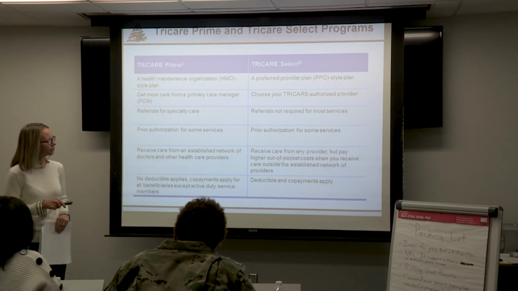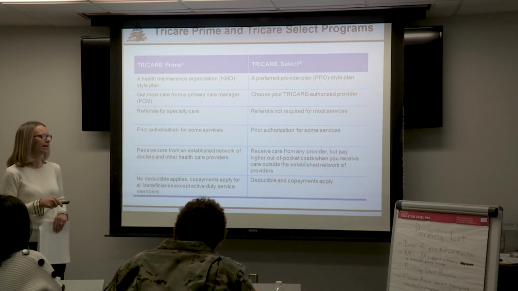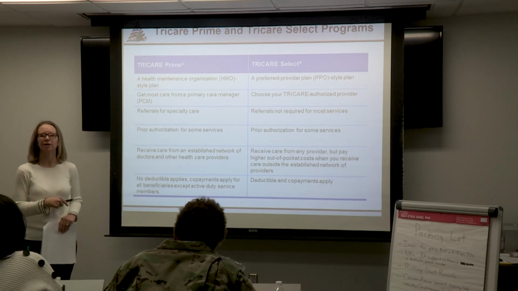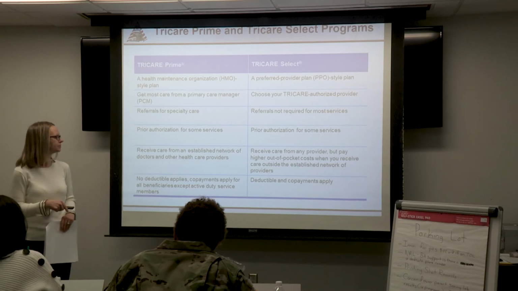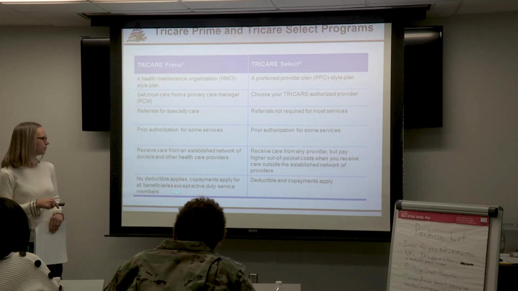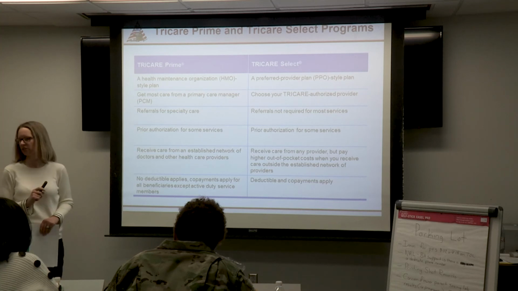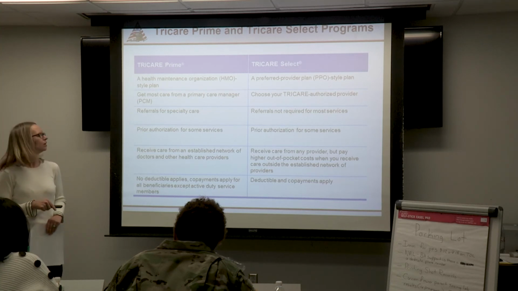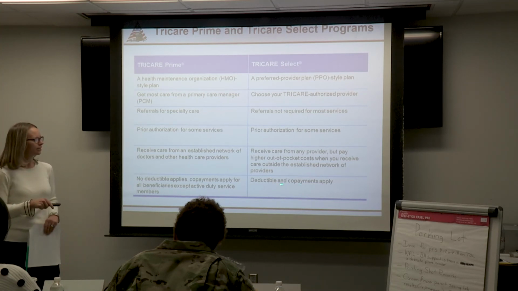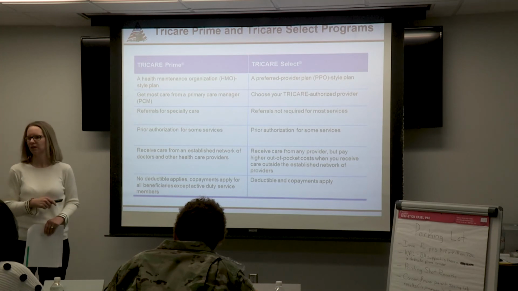TRICARE Select, from any provider, but pay a higher out-of-pocket cost when you receive care outside the established network of providers. Under Prime, no deductible applies, but co-payments do apply for beneficiaries except for active duty service members. Under TRICARE Select, deductible and co-payments apply for both.